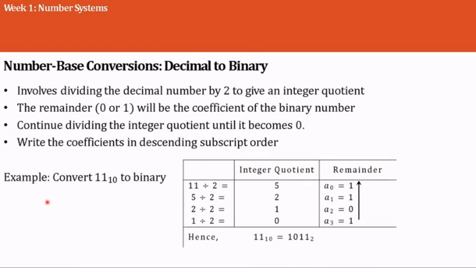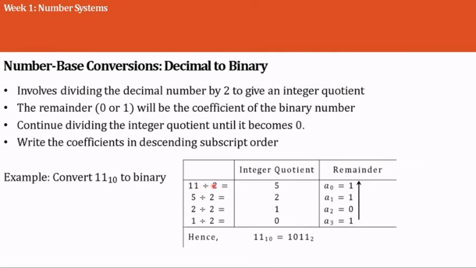For example, we're going to convert 11 base 10 to binary. To do that, we need to get the quotient and the remainder.